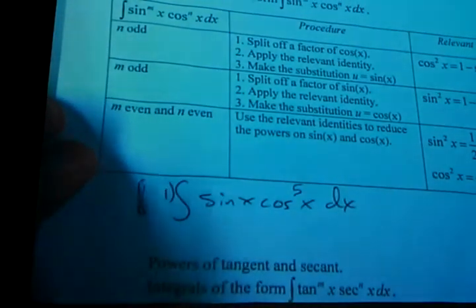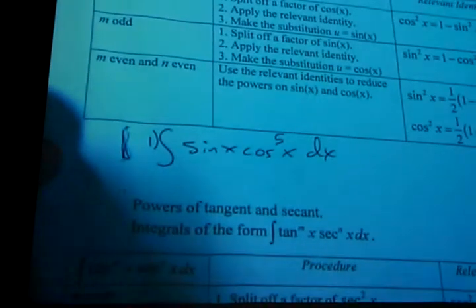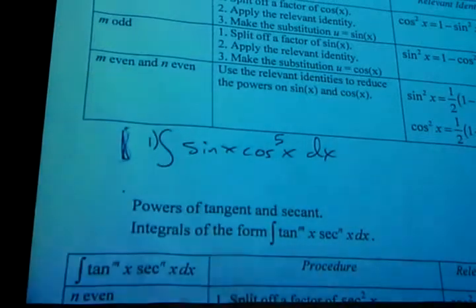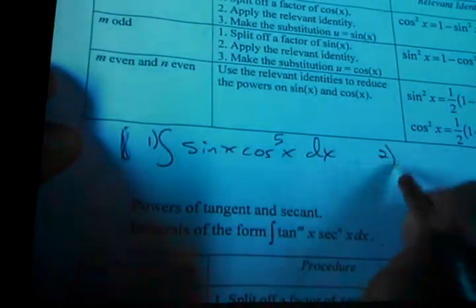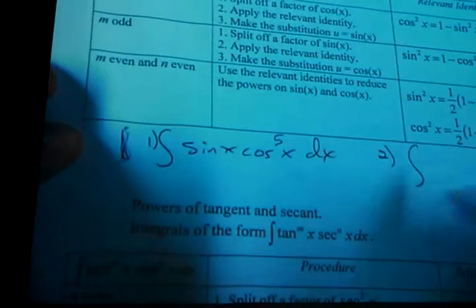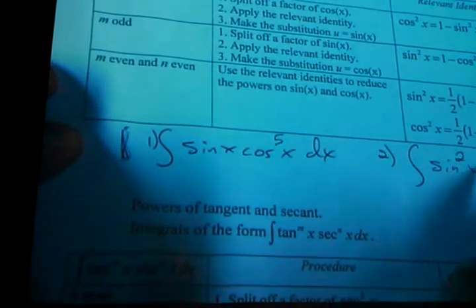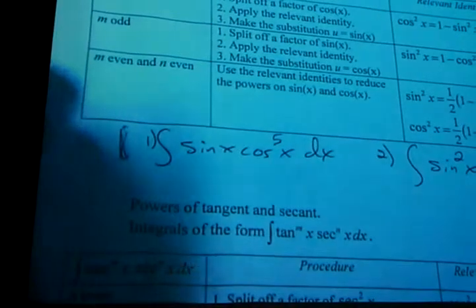Let's try to do that one. Can you guys see that? Sine x cosine to the fifth. Sort of evil in a way, but let me just let you guys think about it. And then let's try that.